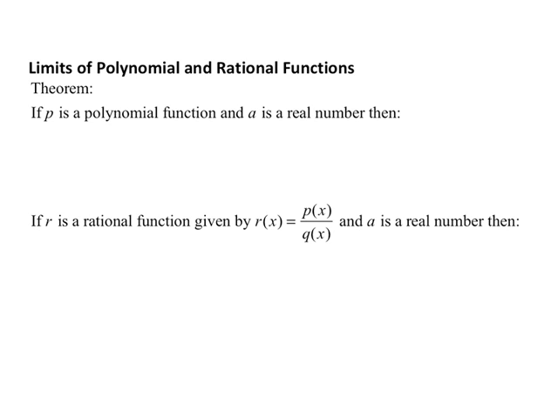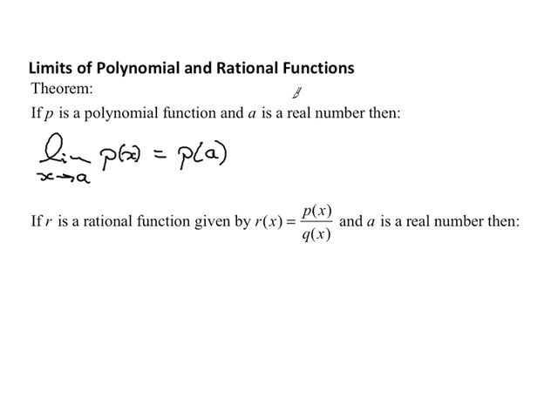Now, in case you didn't notice, something really nice hopefully popped out at you while we were working on that limit. If we start talking about taking the limits of polynomial and rational functions, there's a theorem that says that if p is a polynomial function and a is a real number, then the limit as x approaches a of p of x, this polynomial function, is really nothing more than p of a.